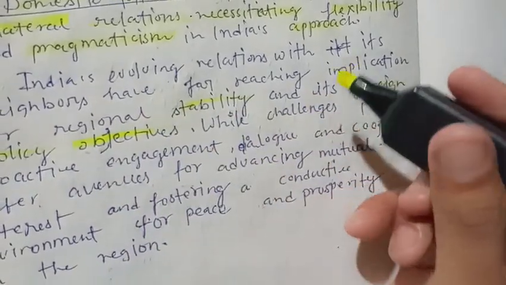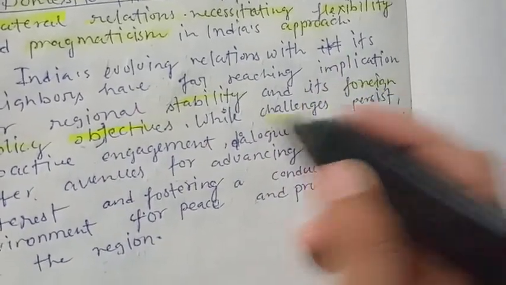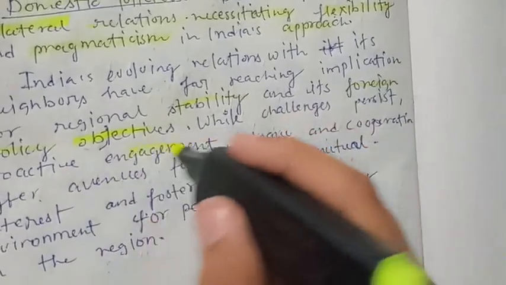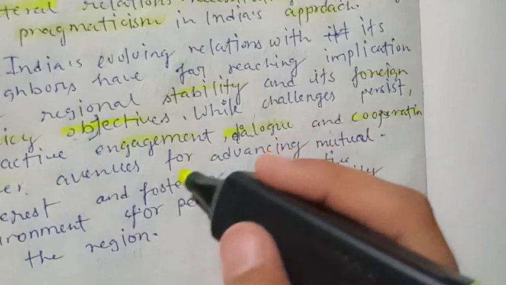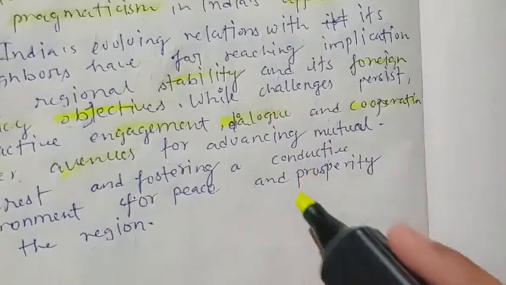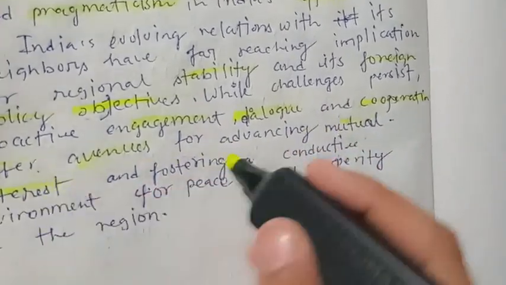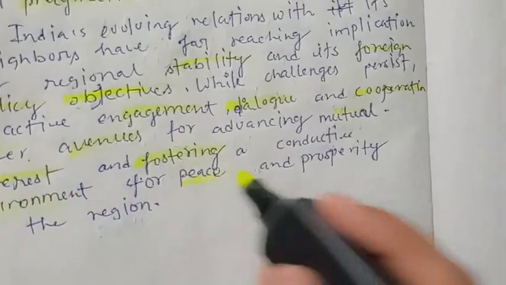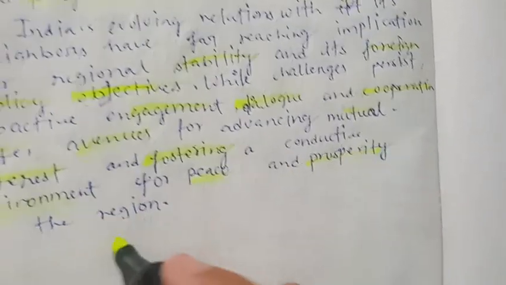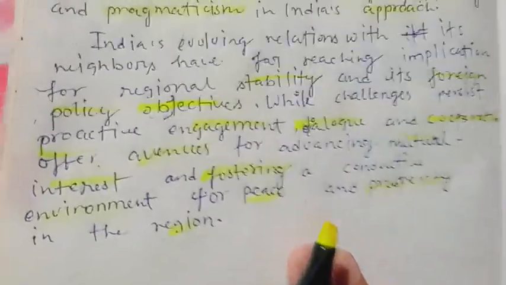While challenges persist, proactive engagement, dialogue, and cooperation offer avenues for advancing mutual interest and fostering a conducive environment for peace and prosperity in the region. So here I completed this answer.